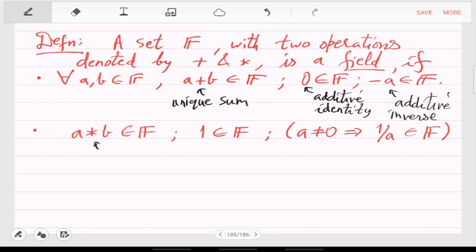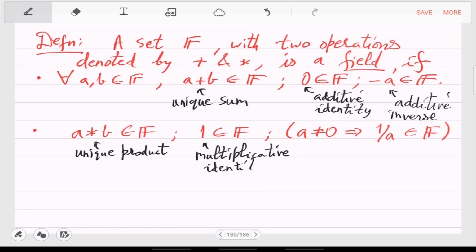So that's the unique product. This is the multiplicative identity. And this is the multiplicative inverse. Is that clear? So this mimics the multiplication of real numbers that you are used to.